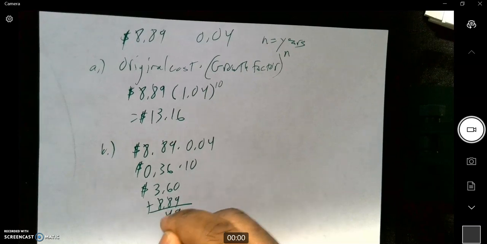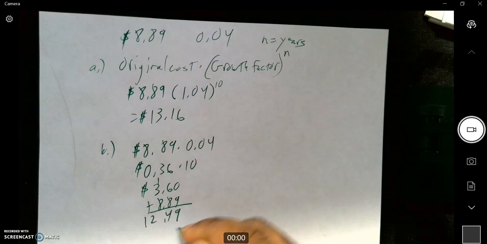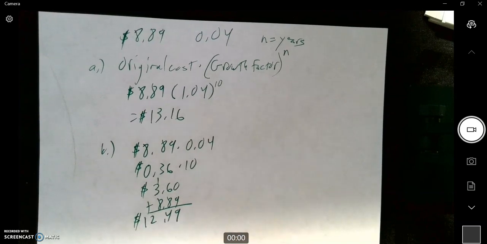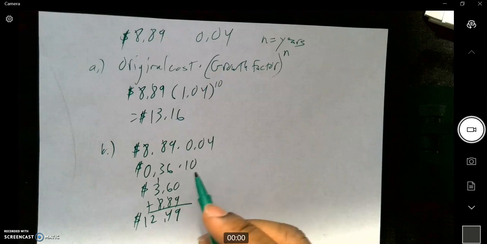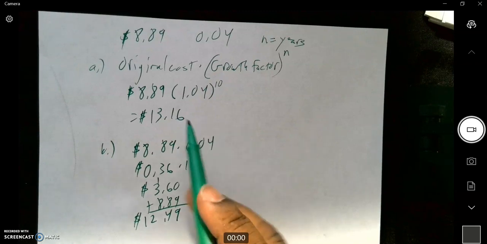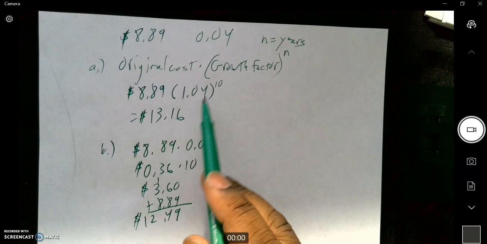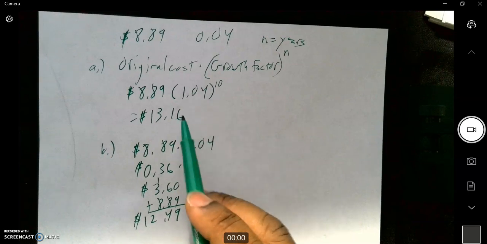So we would add this, and this will give us $12.49. Now, this is what the cost would be of the olive oil after 10 years at 4% is just added every year. This is the cost if it's a growth factor of 4% every year for 10 years.